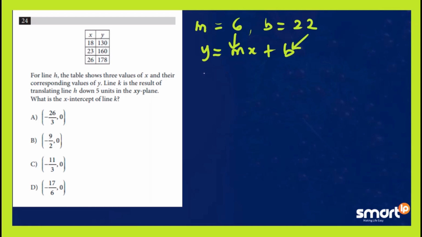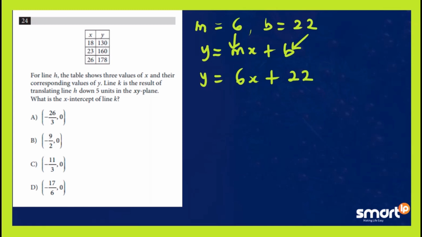And so our equation of line H will now be y equals 6x plus 22. Okay, that's a good one. Now we have arrived somewhere, but we are not done yet. So this equation we have here now is the equation of line H: y equals 6x plus 22.